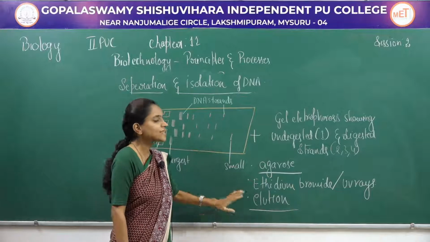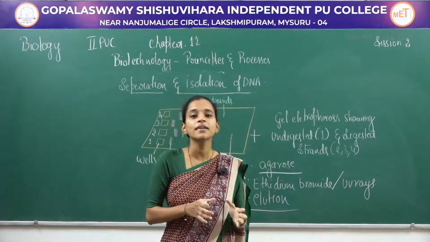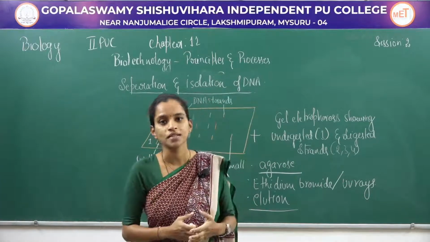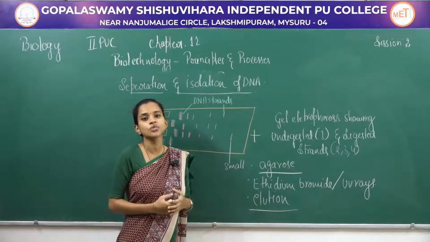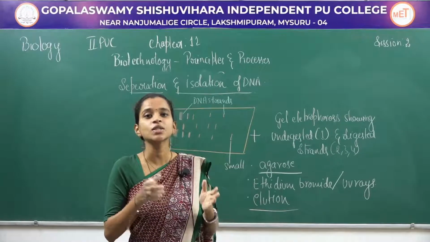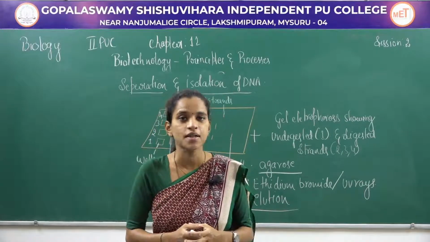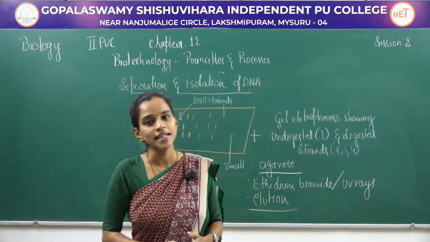Once this elution process is done, the pieces of DNA will be transferred into the vector plasmid, or cloning vectors, to form the recombinant DNA.